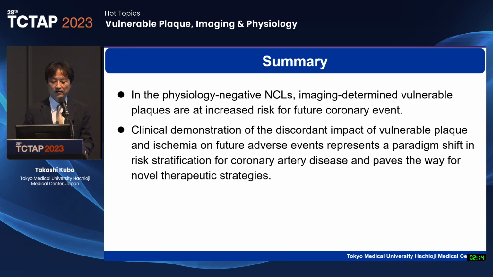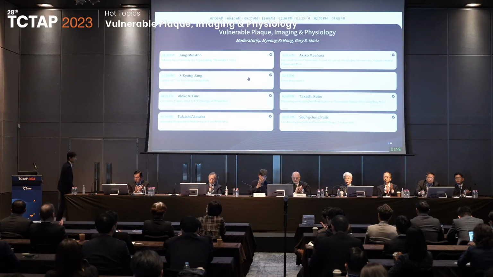So, summary: in physiology-negative non-culprit regions, imaging-determined vulnerable plaques are at increased risk for future coronary events. A clinical demonstration of the discordant impact of vulnerable plaque and ischemia on future adverse events represents a paradigm shift in risk stratification for coronary artery disease and paves the way for novel therapeutic strategies. Thank you.